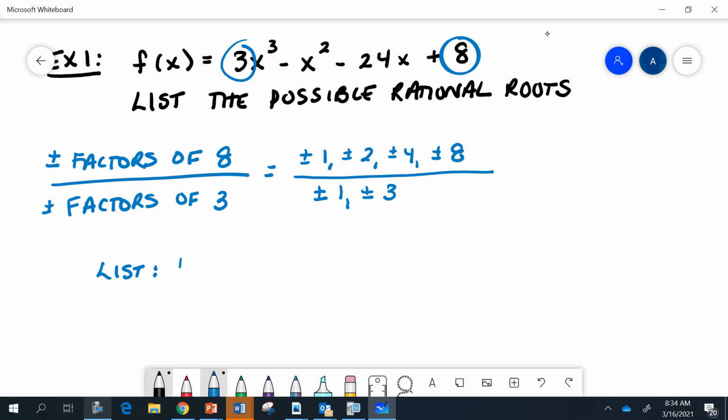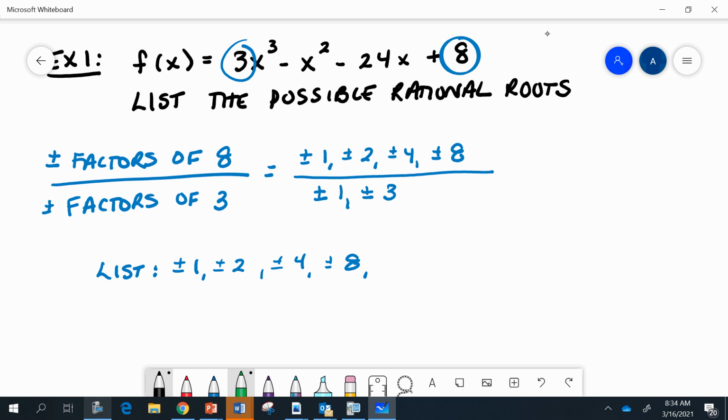And then we can take 2 divided by 1, and we get plus or minus 2. And then we can take 4 divided by 1, which gives us plus or minus 4, and 8 divided by 1. So those are all of your possible whole numbers that could be a root.